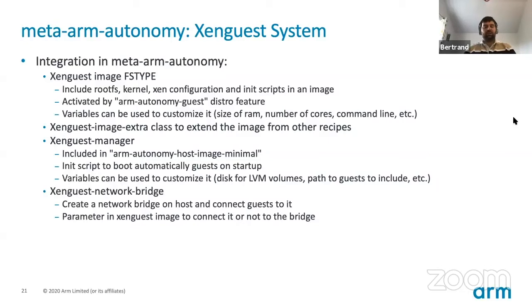The xenguest-manager is included on the host image to manage guests created with this. We also provide a network bridge system, which will create a bridge on the Dom0 to which guests can connect so that they have connectivity to the external world using network. So the layer will include lots of parameters so that each of those components can actually be customized, from what amount of RAM you want for the guest to what partition should be used to create LVM volumes.